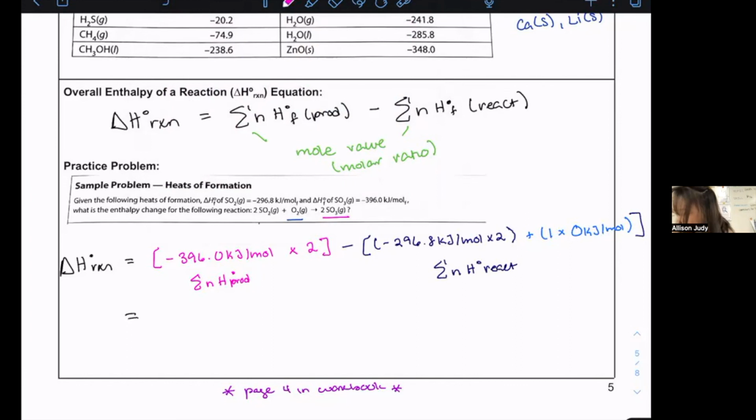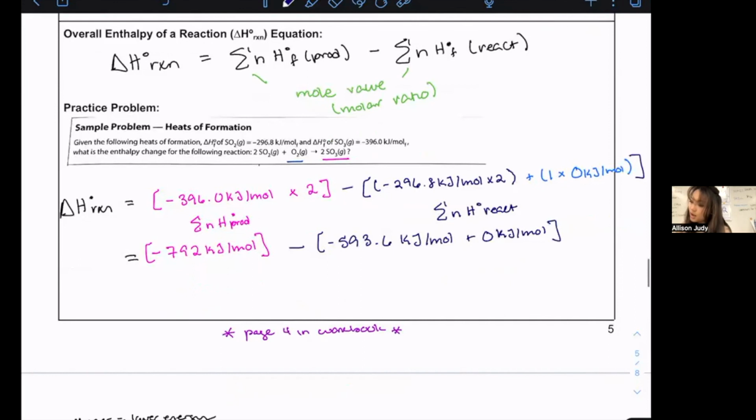That should be negative 792 kilojoules per mole for the sum of the products, minus negative 296.8 times 2, which is almost 600 but not quite, it's negative 593.6 kilojoules per mole, plus 1 times 0, which is 0 kilojoules per mole.